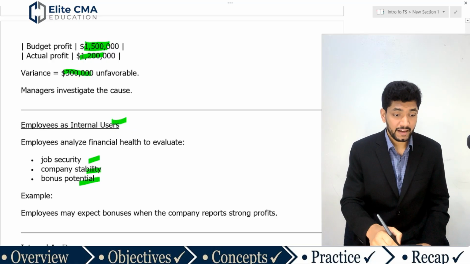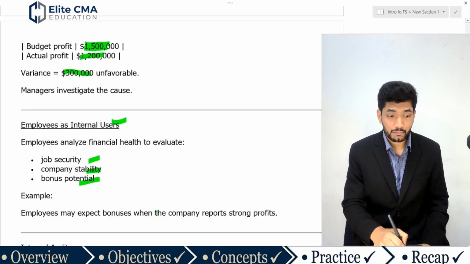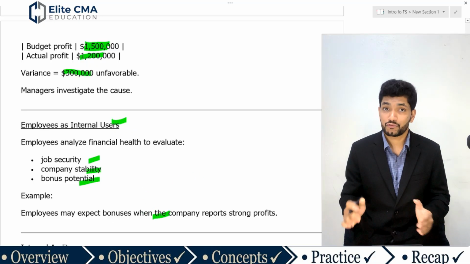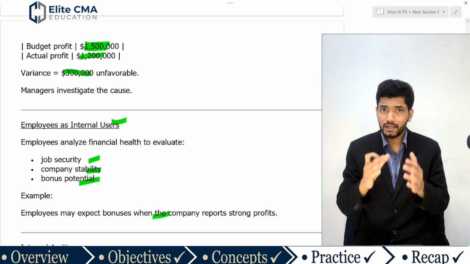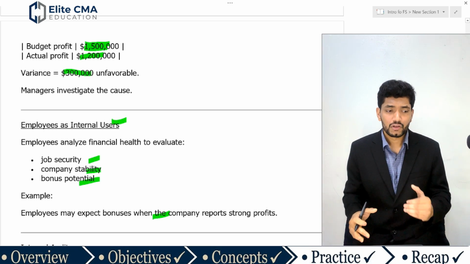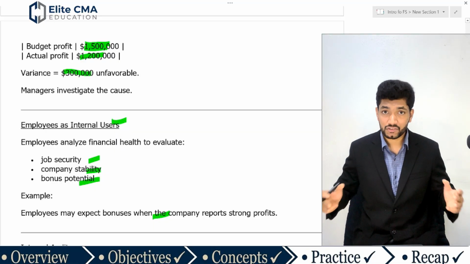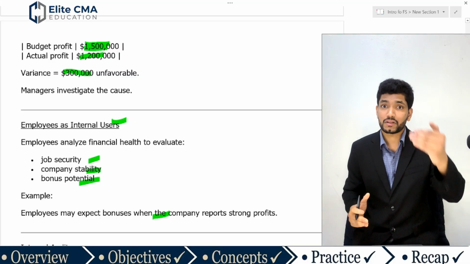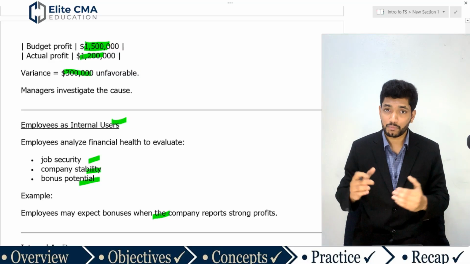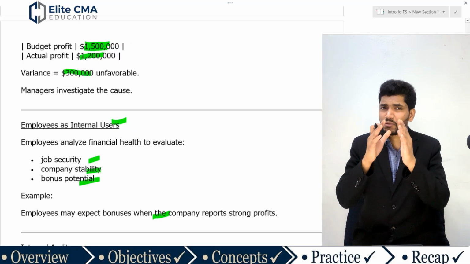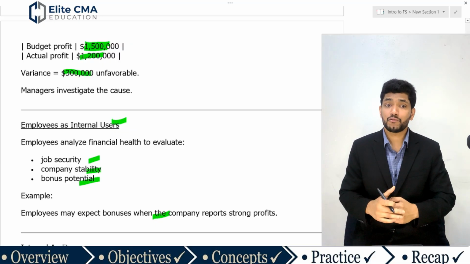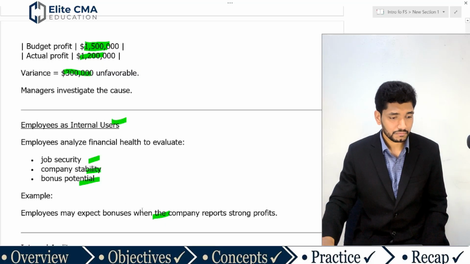For example, if the company reports a strong profit, the employees can expect a bonus. So employees are very interested in the financial statements.